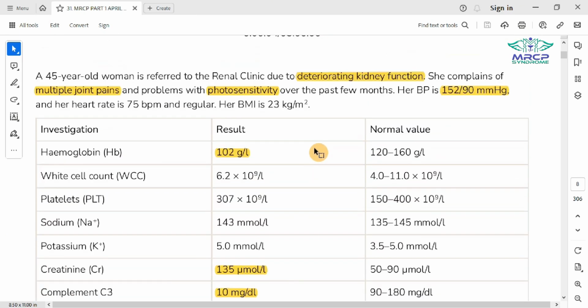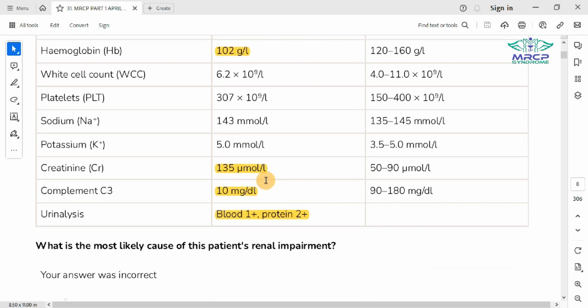So most likely diagnosis: lupus nephritis. So this patient comes up with small joint polyarthritis and photosensitivity. There are features of hypertension, elevated creatinine, and also features of hematuria and proteinuria with a low complement level. This low complement level is pointing towards active lupus with renal involvement.